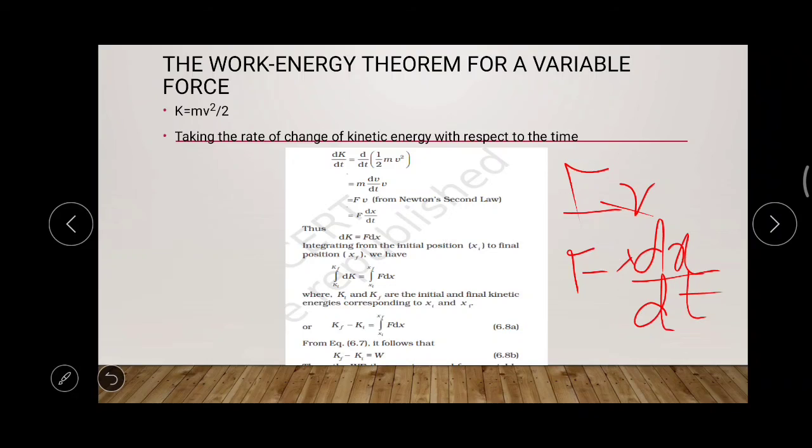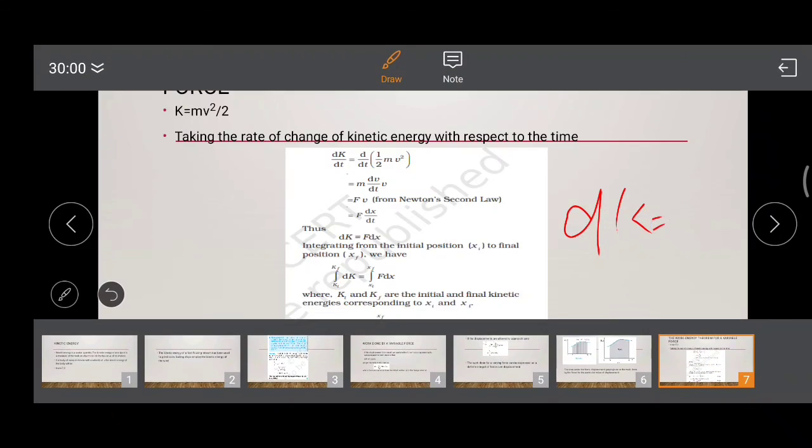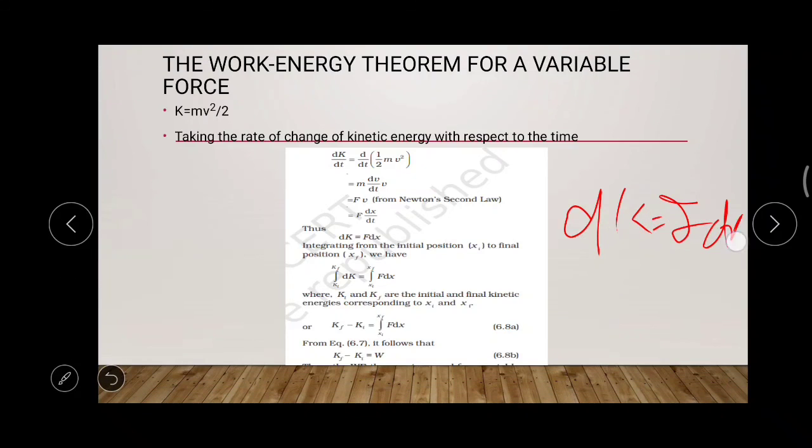Now on both sides, dk by dt is there and F into dx by dt is there. So the dt will be cancelled, the time variable will cancel, and dk will become equal to F dx.